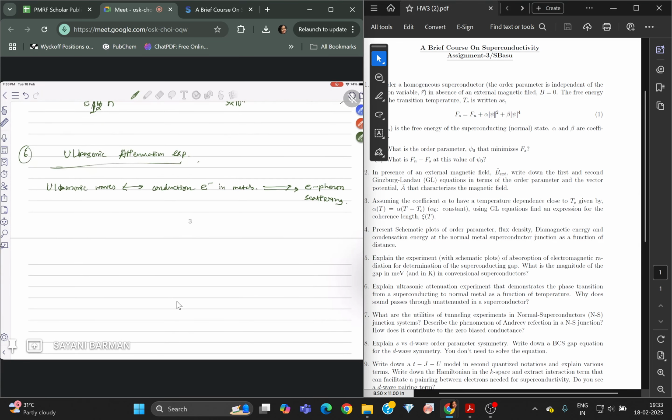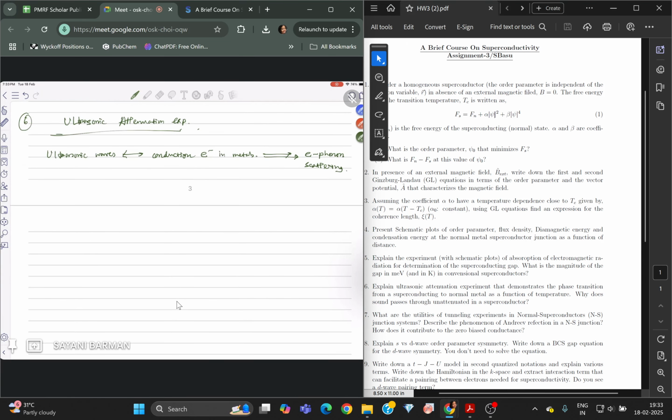Now, in the superconducting state, a gap opens, right, in the electron excitation spectrum, altering the electron phonon interaction.